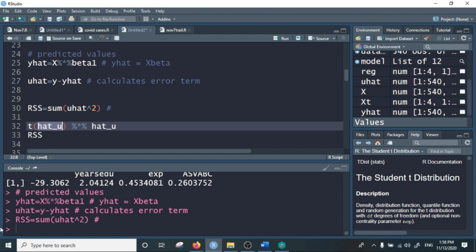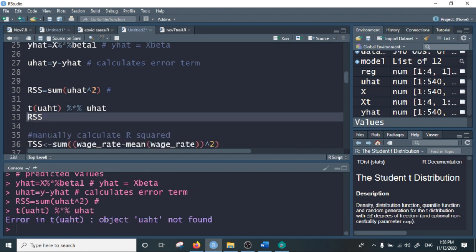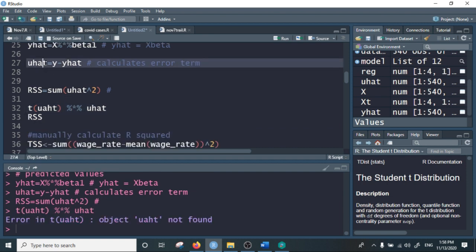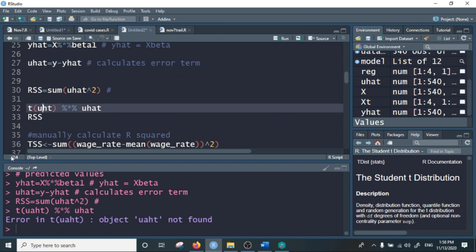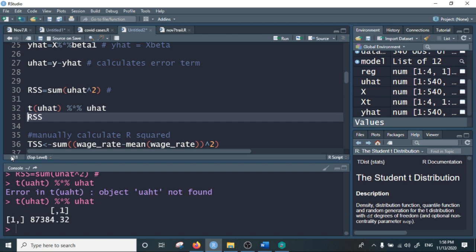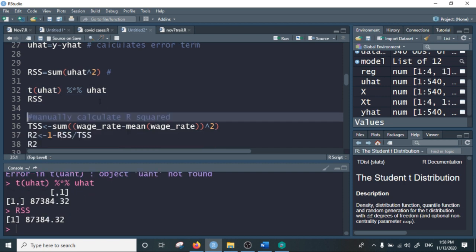So this can simply be defined as u hat transpose times u hat. It will also give the same number.